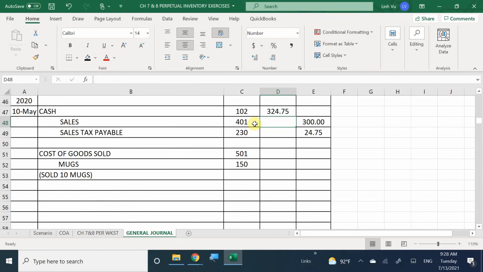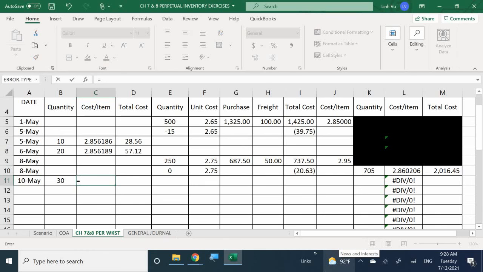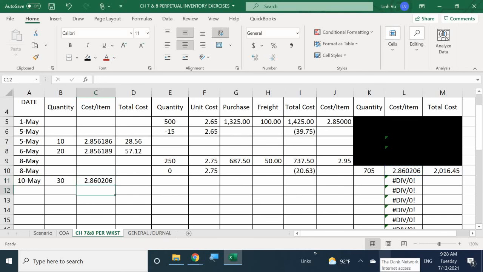And then my cost of goods sold is something I need to solve for in my inventory worksheet. So let's go in there real quick. This time it is May 10. We sold 30 items. Now at what cost? .86.